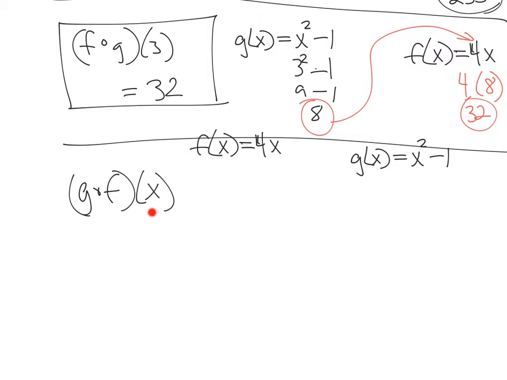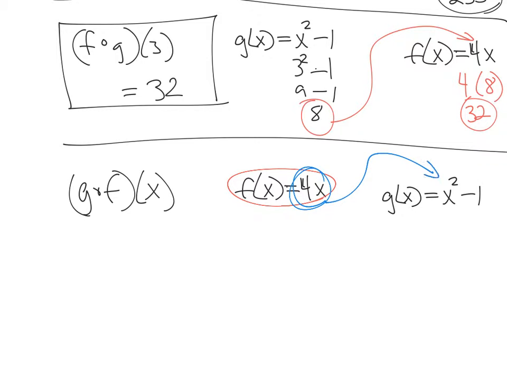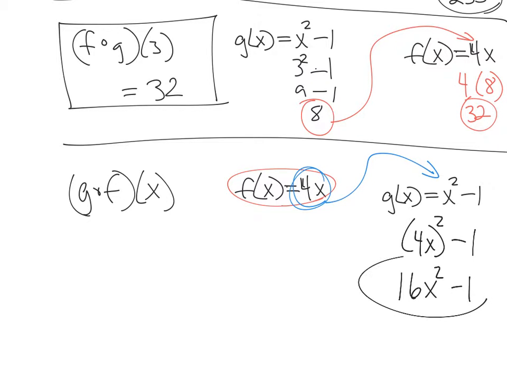And we know we're going to take the x, put it in f, and then take that answer and stick it in g. All right, so when you take the x, stick it in f, you get the function itself. And then we're going to take that answer and stick it into g, because that's what it says. So you end up with 4x squared minus 1, which is 16x squared minus 1, and you are done. So that answer is 16x squared minus 1.